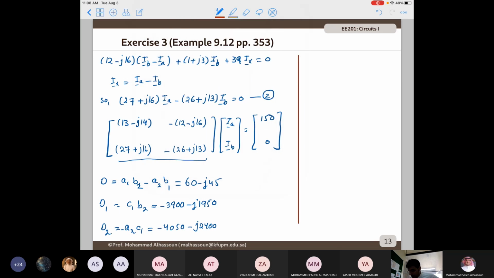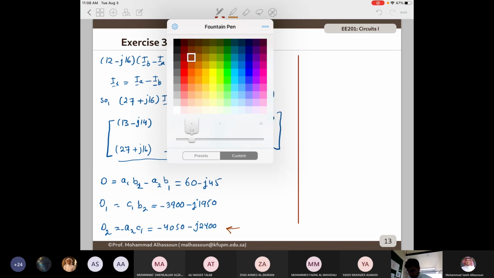Please double check the signs here, because I think I made a mistake in my handout here. So please check this.